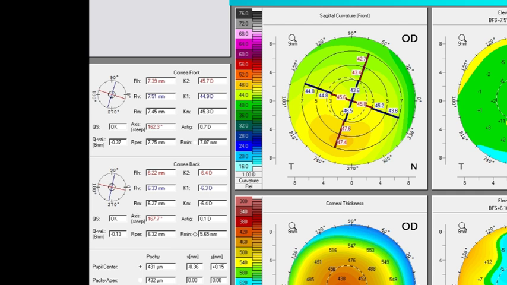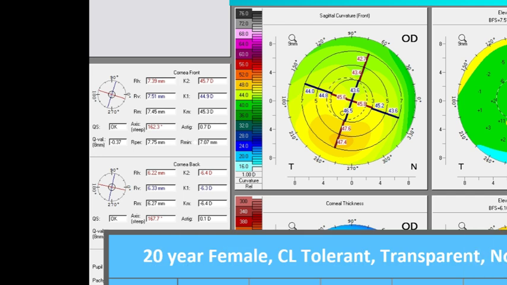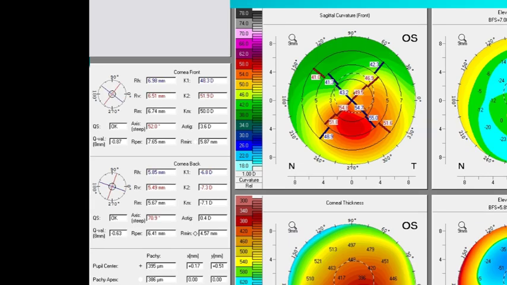We have abnormal anterior curvature, so this is either forme fruste keratoconus or keratoconus suspect. Let's see, because I forgot it. Now, he has -1 sphere, -0.5 at axis of 70. Uncorrected is 0.8, best corrected is 1. Potential visual acuity, of course, is 1.